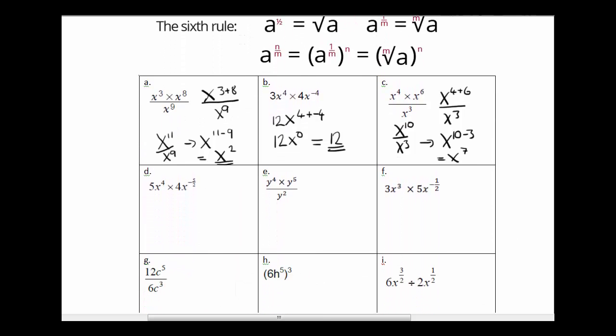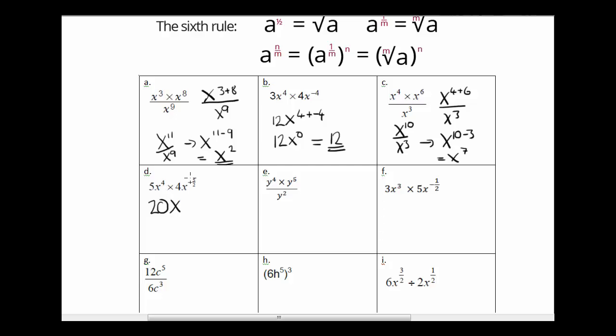If we scroll down, this one's a wee bit trickier. What you're wanting to do is get the 4 expressed in halves, as it were. So 5 times 4 is 20, and now we've got x.